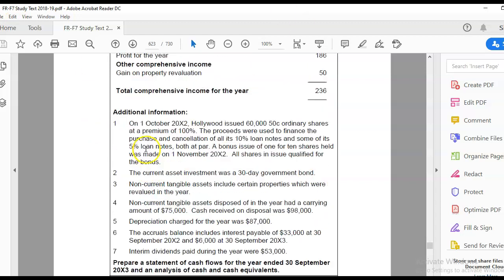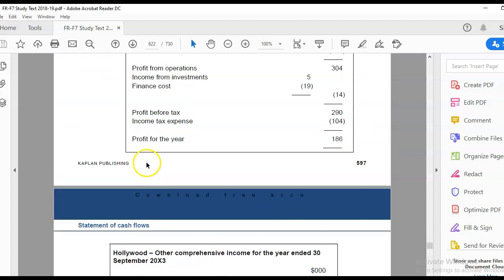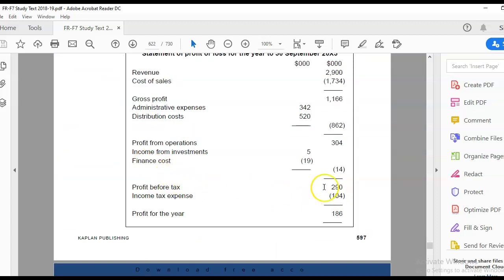So, like everyone's aware, you have to start first with PBT, profit before tax, which is 290 in my case. And I said immediately adjust for two items, that's finance cost and income from investments, because these two you get straight away from the PL. Anything else you still have to look for, dig in, do some workings, but these are pretty straightforward. So with your PBT, adjust for finance cost and income from investments.